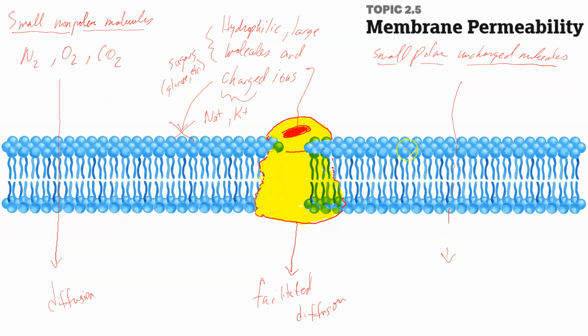So examples of these are H2O, ethanol. These types of things can diffuse through the membrane without help. However, because they don't do it as well, in some cases, and we're going to be talking about some proteins like this, we might need another pathway to help us diffuse stuff in a much quicker fashion. But we'll talk about that a bit later.